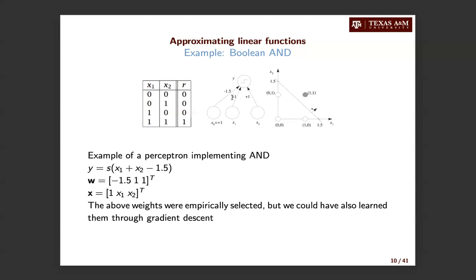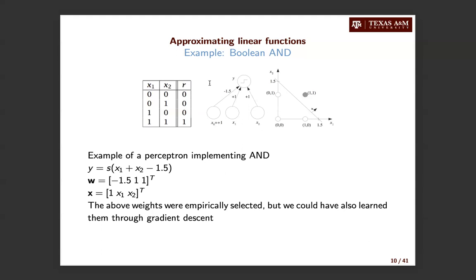We can see here that one potential combination of bias and weights is this combination here, when the bias equals -1.5 and each of the weights equals 1 for each of the 2 input samples. And if we select those parameters for the perceptron unit, we can see that all 4 training samples are being correctly classified.